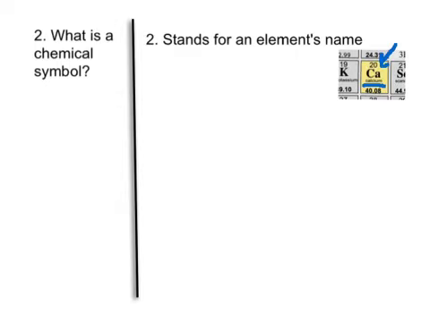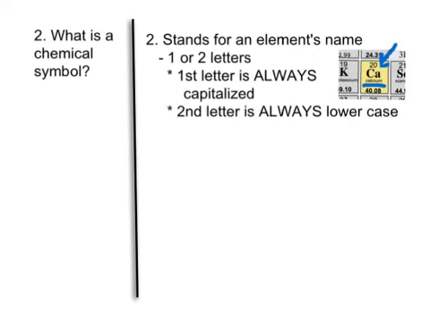So let's discuss a little bit more about how these chemical symbols work. Like we said, it's either going to be 1 or 2 letters, and the first letter is always capitalized. So if there's just one letter, like for example, here on the right is potassium.